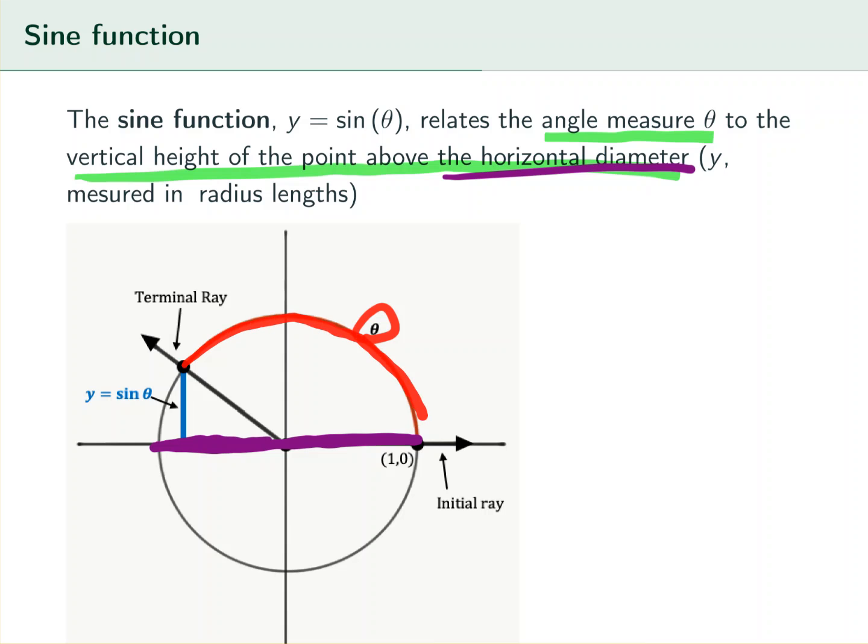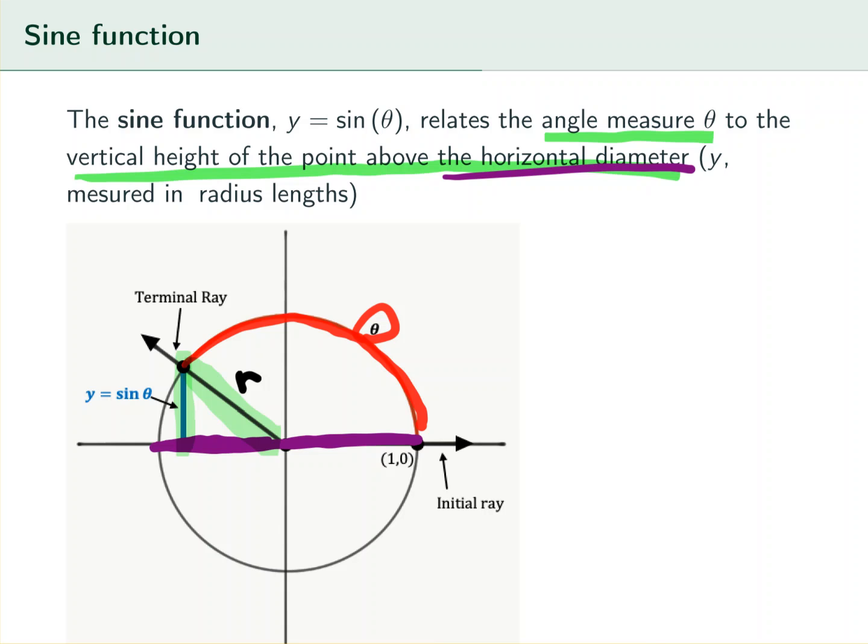And it outputs this distance right here, the distance from the horizontal diameter measured in radius lengths. That means we divide by the radius length. Radius is r. So that's sine theta.